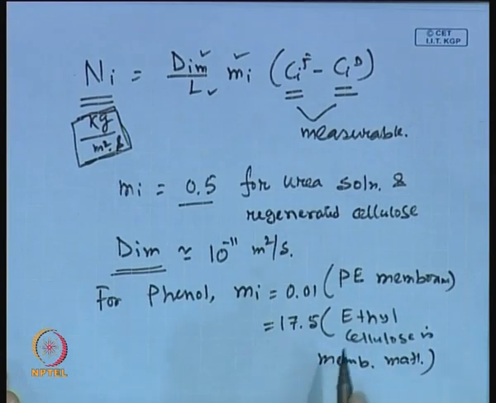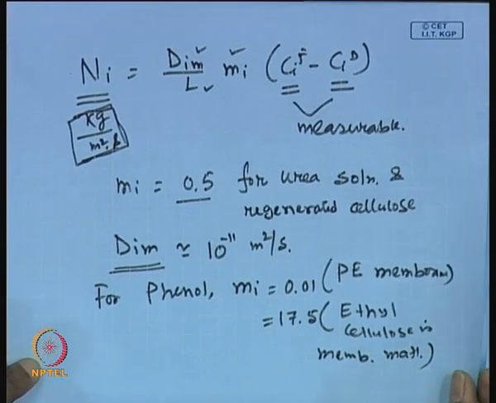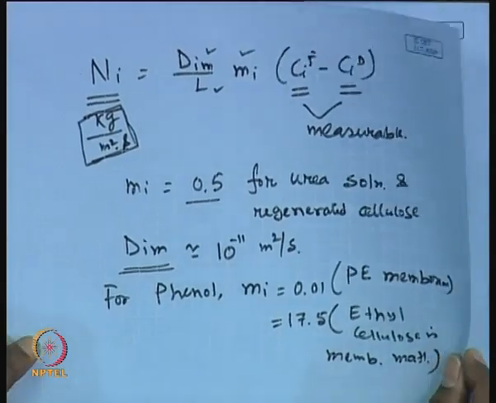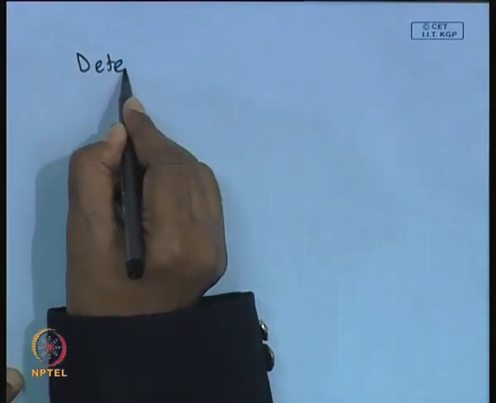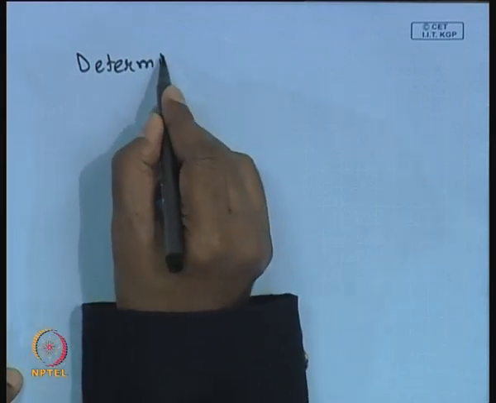So, there are certain literature values available for a particular solute and membrane material combination. Okay. Now, let us look into how this DIM can be calculated, the determination of DIM, because that is very important.